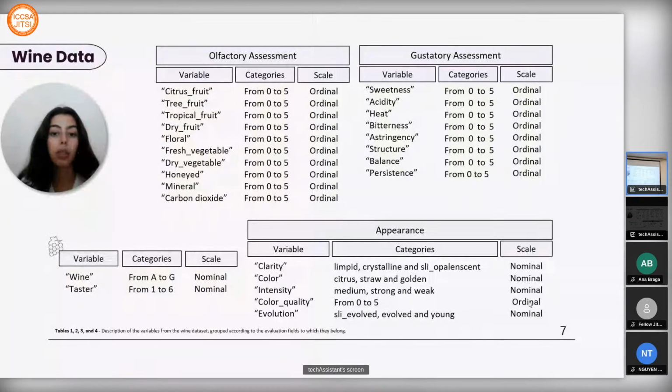For instance, the variable wine, which initially had 7 categories, A to G, was transformed into 6 dummy variables labeled wine.1, wine.2, and so on till wine.6. The same approach was applied to the remaining nominal variables. For the remaining variables that have an ordinal qualitative measure scale, an ordinal level of analysis was conducted.